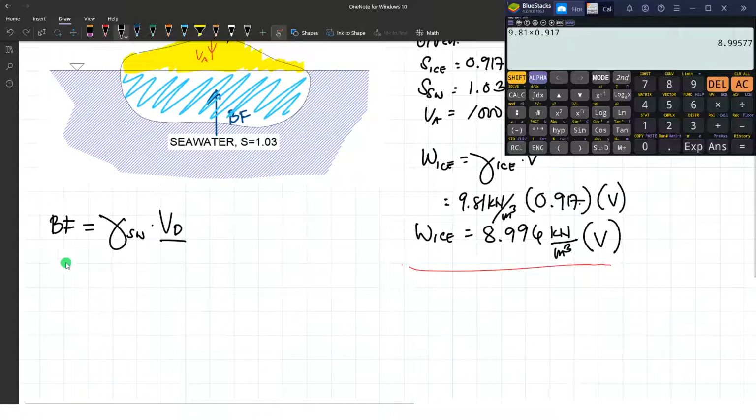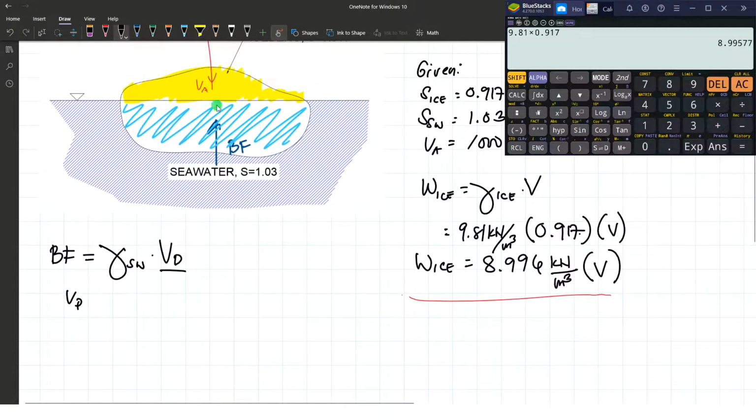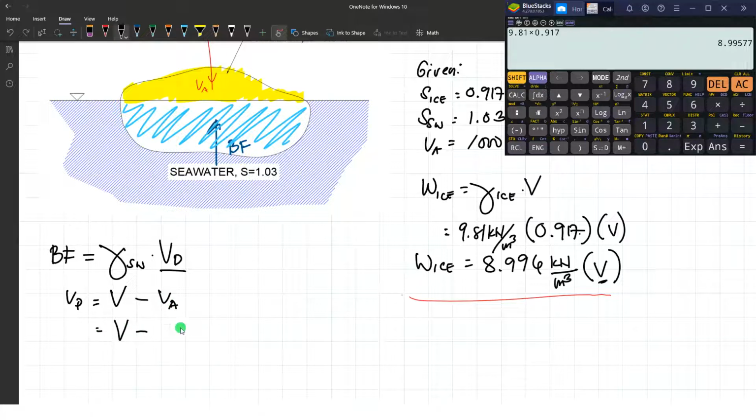So the volume displaced, if we have a given volume above the liquid surface, we just subtract it from the total volume of the ice, let's say V. So that's V minus 1000 cubic meters. So that's your volume displaced.